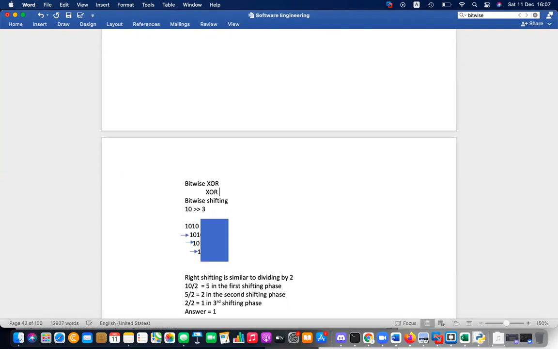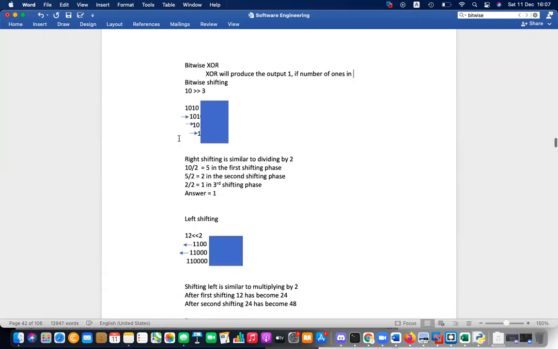XOR will produce the output 1 if the number of ones in inputs is odd.